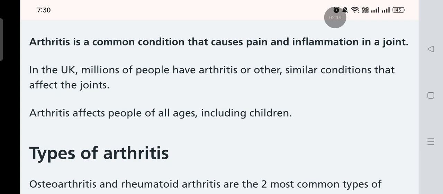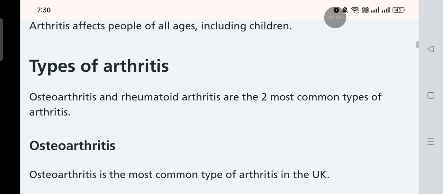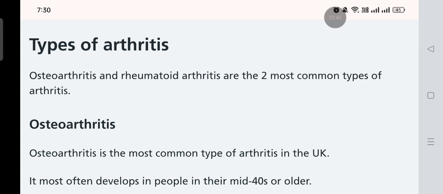Arthritis affects people of all ages, including children. Types of arthritis: osteoarthritis and rheumatoid arthritis are the two most common types of arthritis.